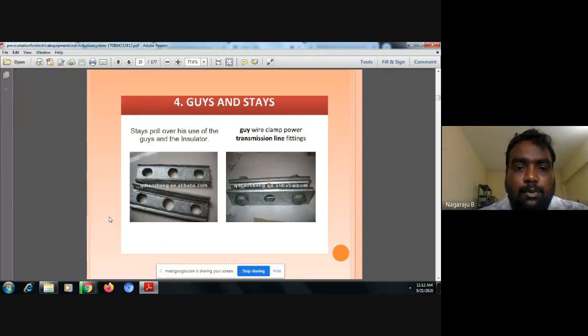Stay poles, use of the guy wire and the insulator. Guy wire, clamp, power transmission line fitting. See here, by using two stay poles, these two are connected here, and using this middle ground you can connect a wire from there.